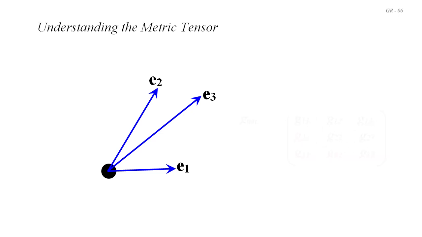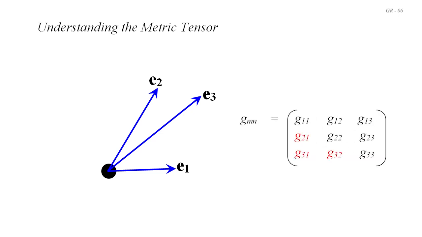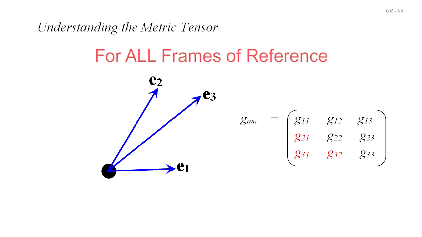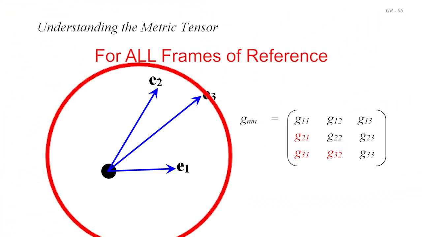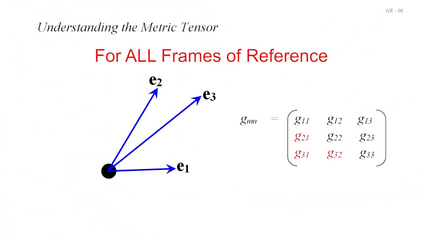And that way of interpreting the entries of the metric tensor is true for any frame of reference and any kind of three-dimensional space, flat or curved, providing you are homing in on a particular point in that space.